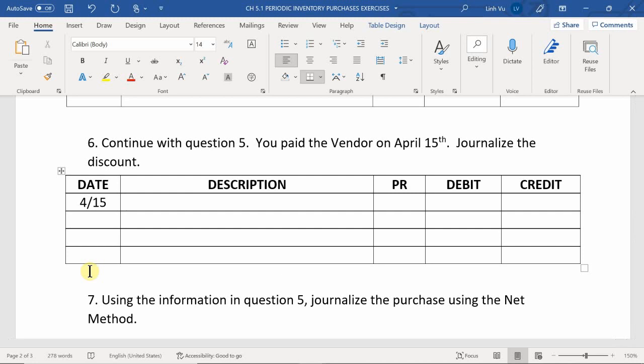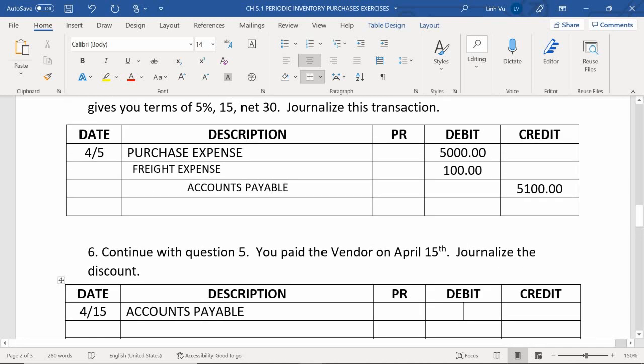With accounts payable of 5,100. We're decreasing our liability because we're paying it off, so accounts payable is going to be debited because I no longer owe this vendor.